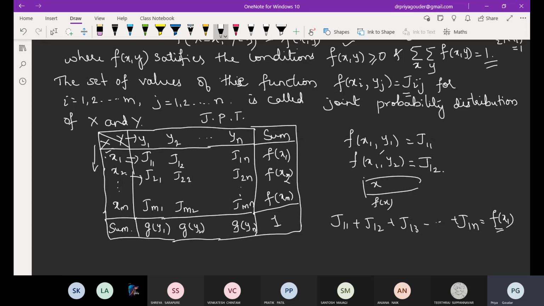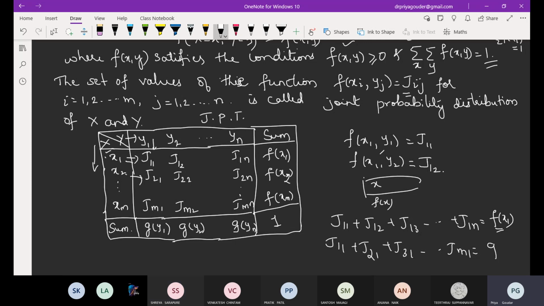Next, just observe here. If I add the first column, J11, J21, J31, so on till Jm1, can you guess what should be the value of this? Which variable is same for this column? Y1, correct?